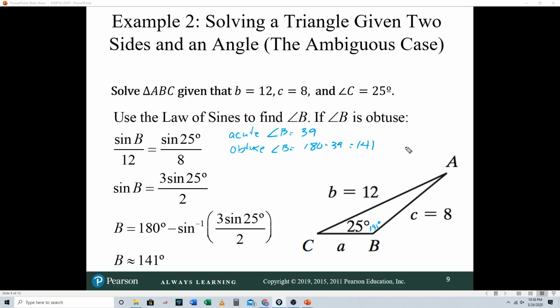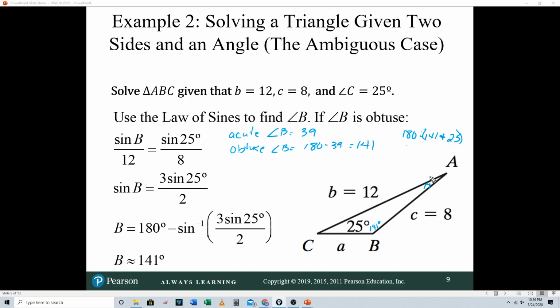And then we can find angle A by saying, well, 180 minus 141 minus 25. Well, minus the sum of these two. So 180 minus 166 gives you about 14 degrees here for angle A.